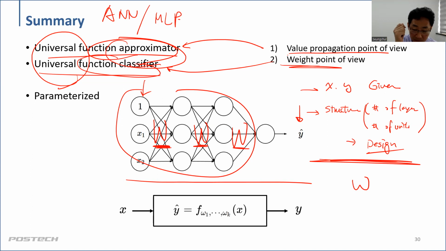That's the key. I don't have to think about any kernels.